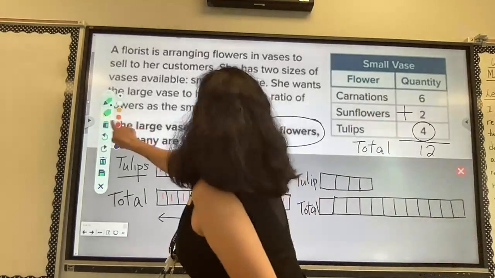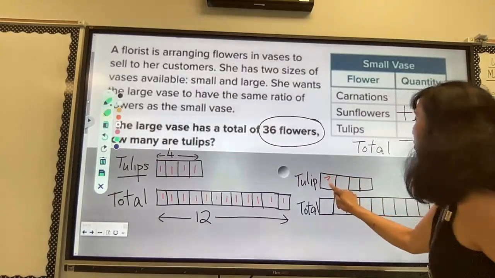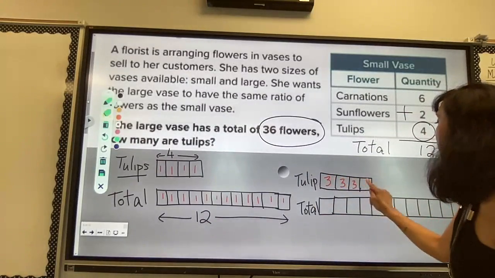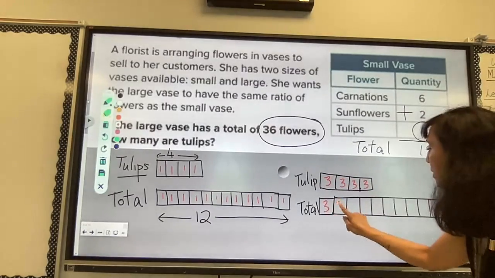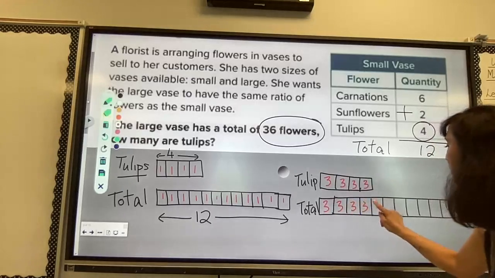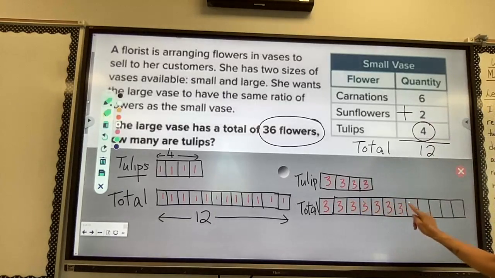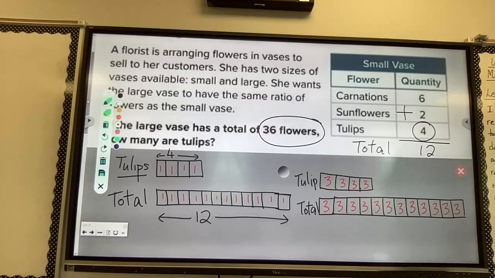Each section is going to become 3, to maintain that same ratio. 3, 3, 3, 3. All of them are 3. All right, so then this gives me, as you can see, 36 flowers total.